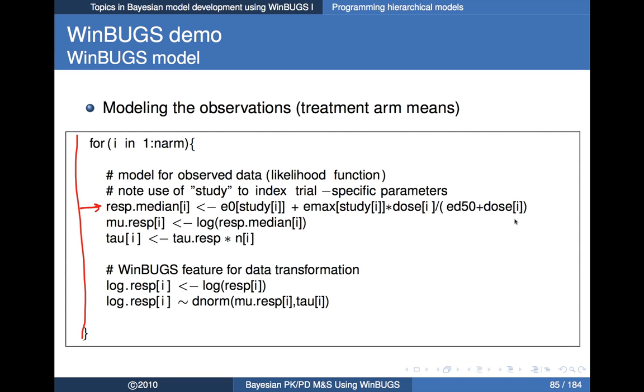But the trick here for picking off the appropriate E0 and Emax is that the index on E0, for example, is not I, it's study I. So we've got nested indexing here, where study is actually one of the vectors in our data set.